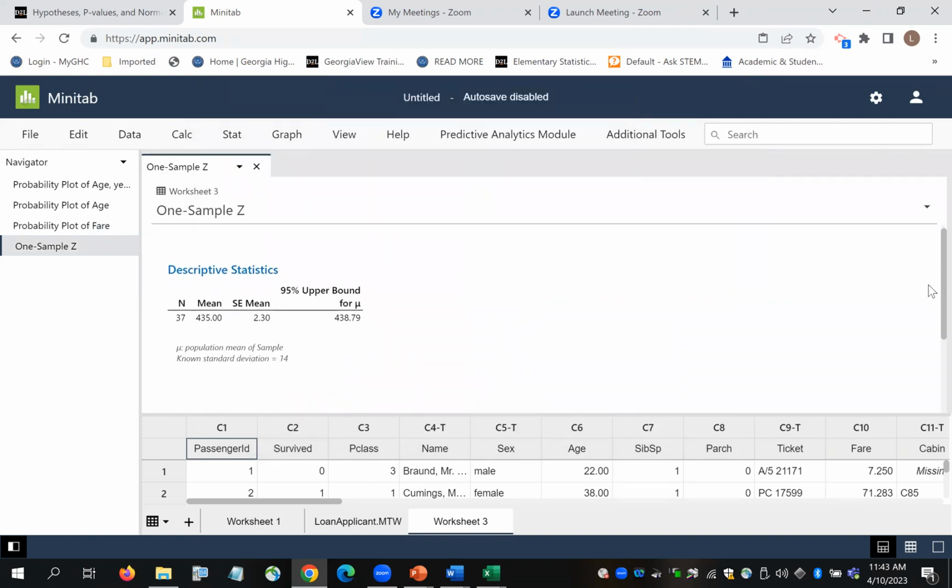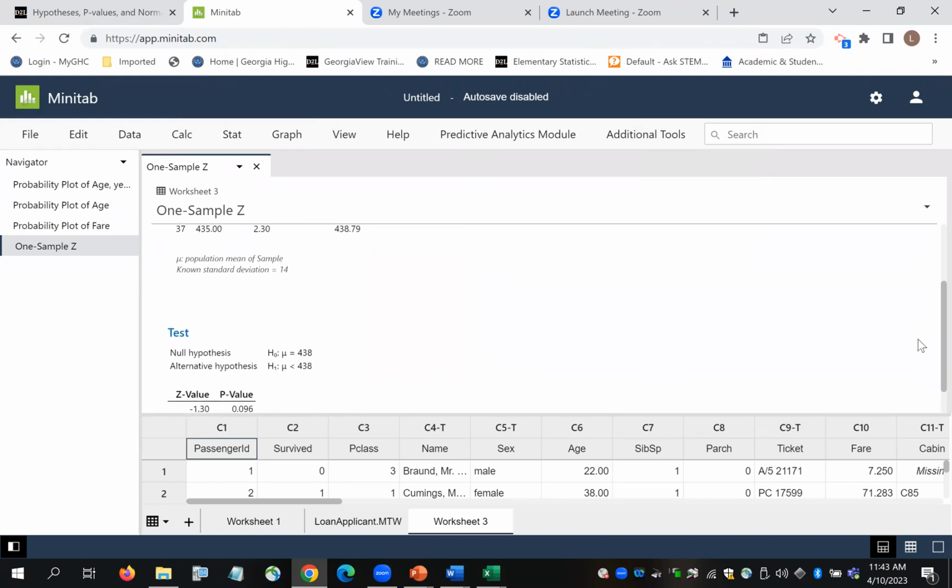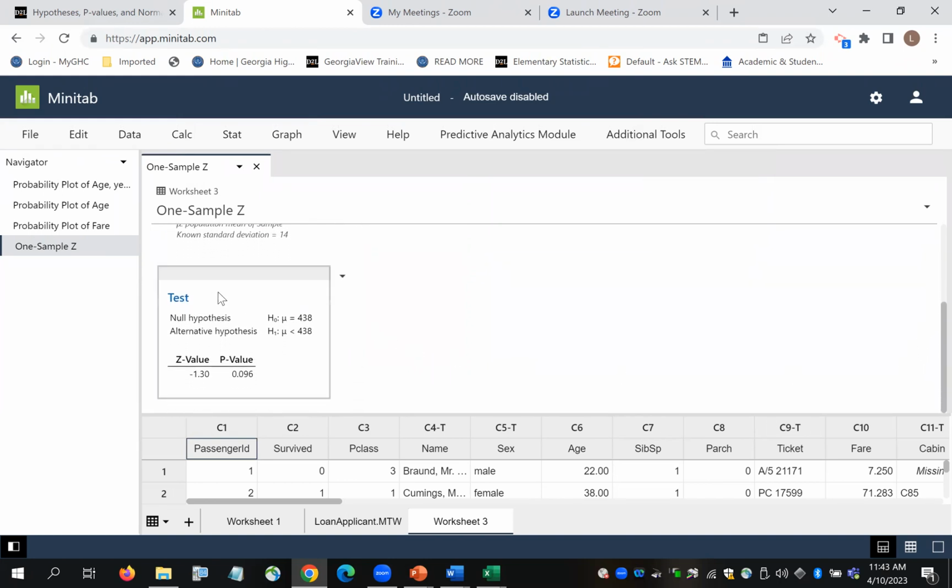So I click OK. I click OK again. And I get a variety of things. What I need is this information under the header test.